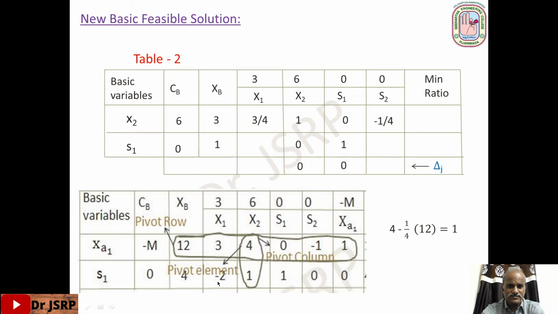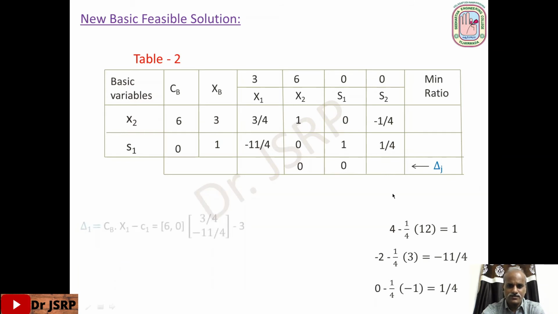Okay, next, second element, minus 2 minus 1 by 4 into minus 3. Just replace this value and this value. This is minus 11 by 4. 4 2 is minus 8 minus 3, minus 11 by 4. Okay, next S2. 0 minus 1 by 4 into minus 1 plus 1 by 4. Okay, right.